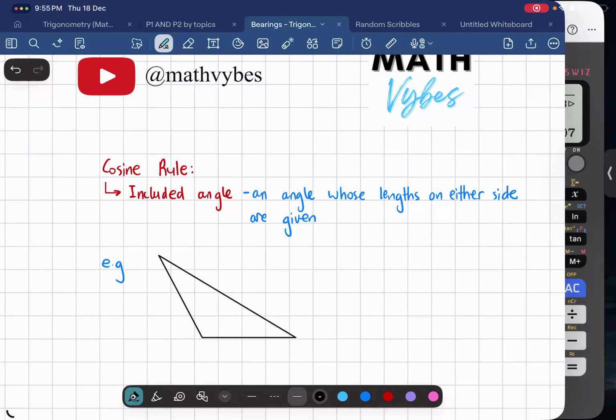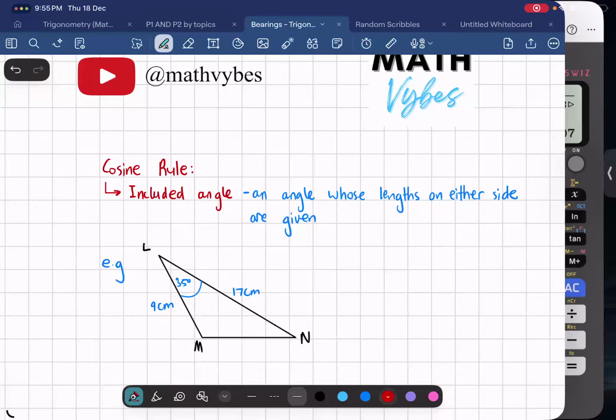So Faith, let's just say this is triangle LMN. Let me just say this angle is 35 degrees. Why not? Let me just say this is 17 centimeters, and this is 9 centimeters.